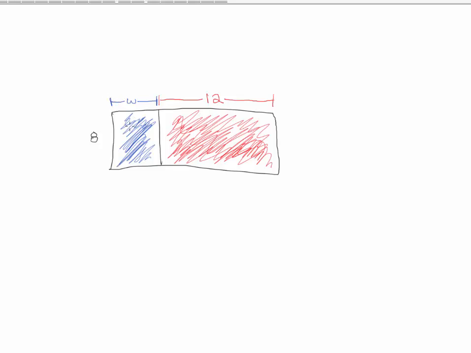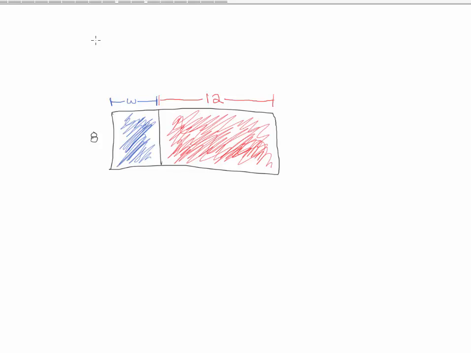So it makes sense. Now that we've represented this situation, the height is 8, this was a given. The length of the red section was 12, that was also a given. But then we went in here and assigned a variable, or rather an unknown, to this missing length so that we could do some manipulation with it.